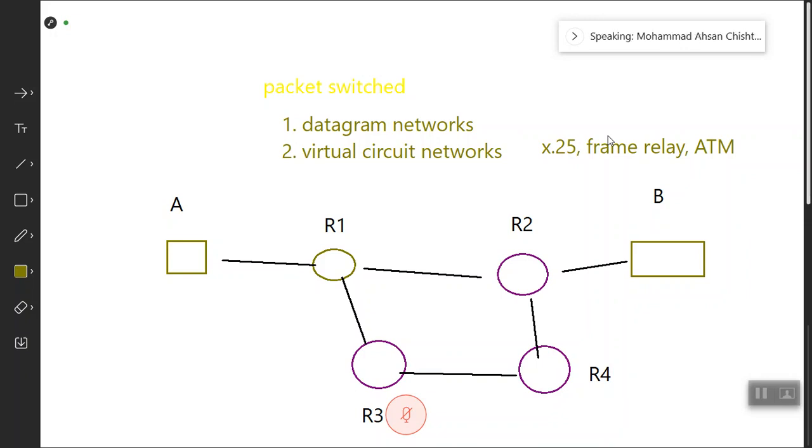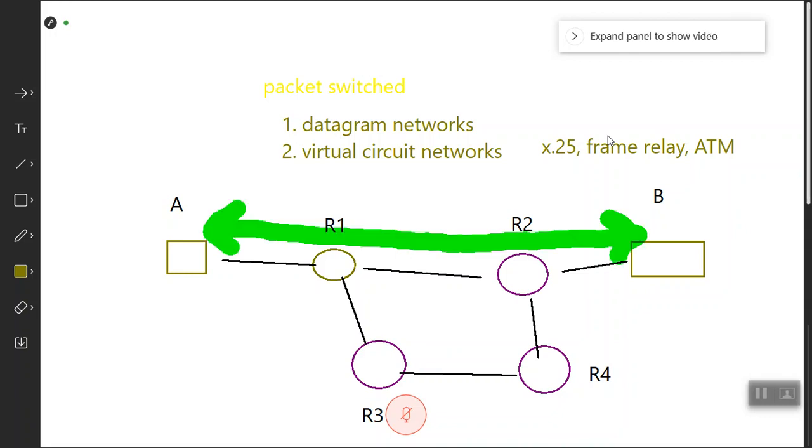In virtual circuit switching, a path is established between the source, that is A, and the final destination, that is B, through which all the packets will be routed during a call. So I will draw a line here. If this is my path, I will have this path to transmit all the packets through the call.